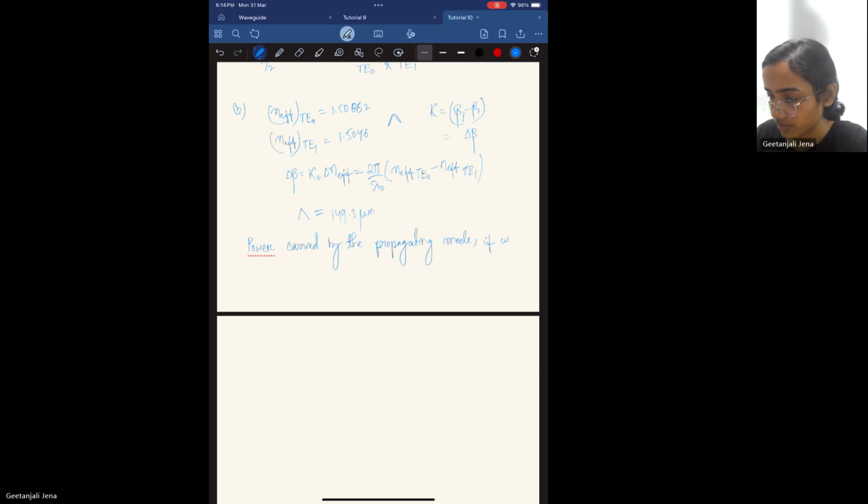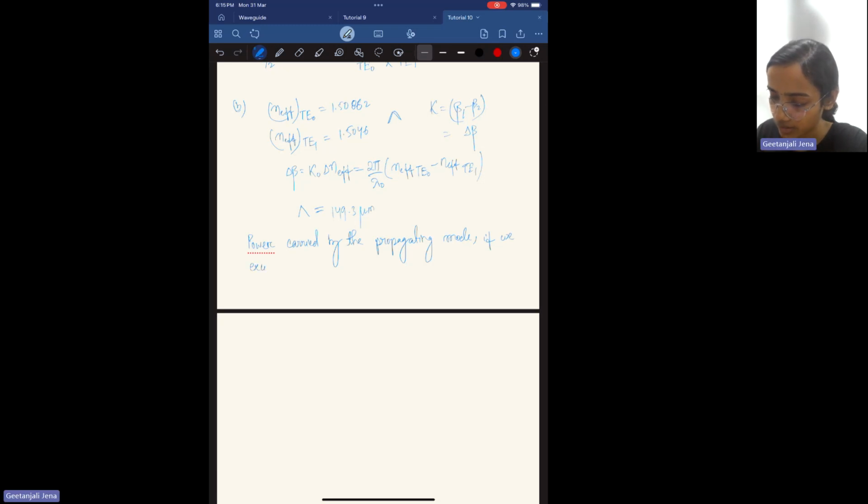If we are assuming that we are exciting first the T0 mode, and as the mode propagates inside the fiber Bragg grating, some of the power gets coupled to the T1 mode, and based on that we'll see what the expressions are for the power coupled to the T0 mode or T1 mode. So, power carried by the propagating mode, if we excite the T0 mode at the input.